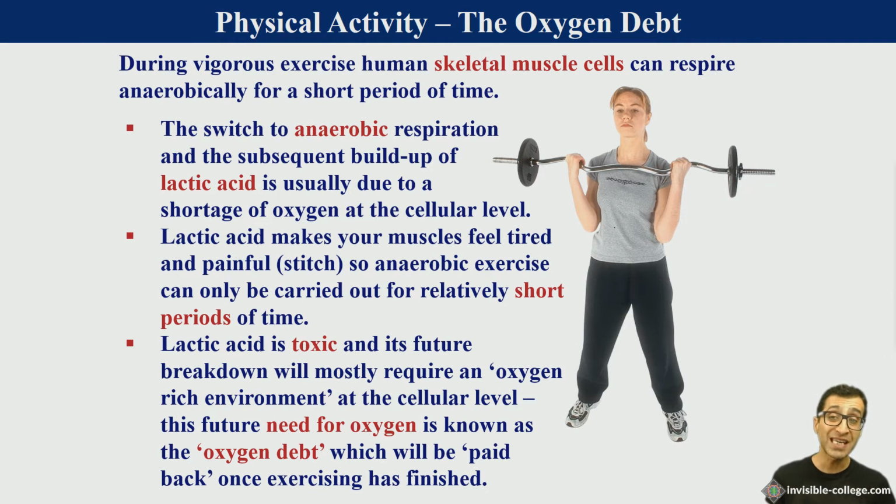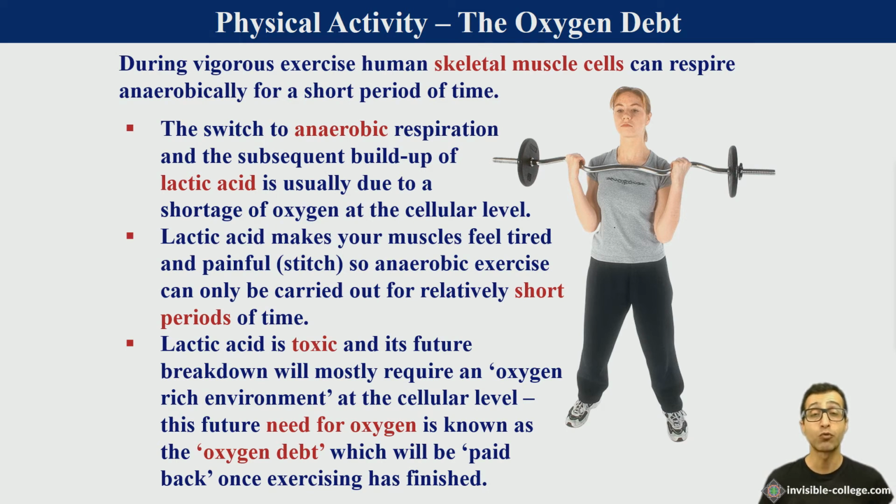This future need for oxygen to break down the lactic acid that built up during heavy exercise is referred to as the oxygen debt, and it will be repaid once the exercise has finished. This is why athletes who undergo vigorous exercise like the 100-meter sprint, at the end of the sprint, you'll see them bending over with their hands on their knees, breathing very heavily.